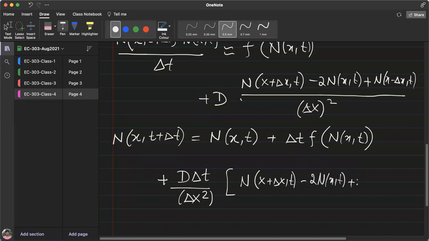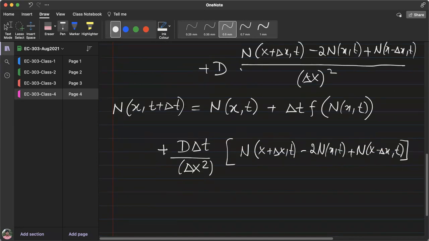What is important to note here is that the value at x depends on values at two nearby locations, x plus delta x and x minus delta x. If you also had y terms here, you would have another term of this type, but with y. Is that fine with everyone? If we were dealing with 2 dimensions, there will be a diffusion from the x direction and a diffusion from the y direction, so you will add up 2 terms.